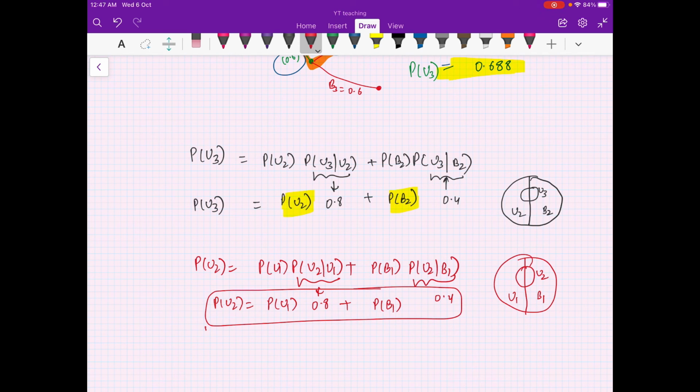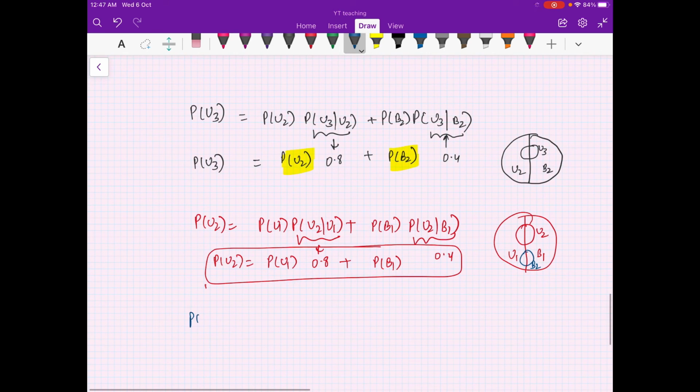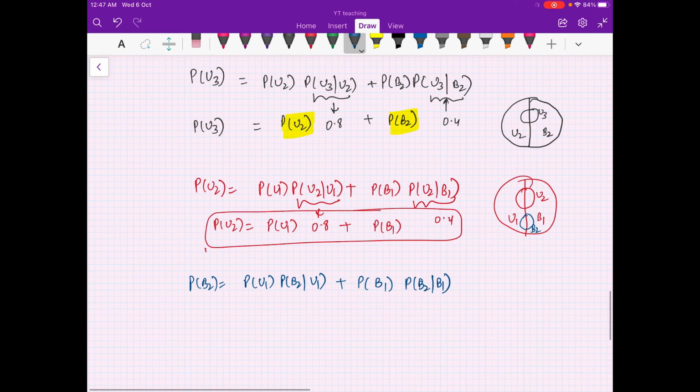Similarly, you can also have your B2 here. So probability of B2 will be probability of U1 into probability of B2 given U1 plus probability of B1 into probability of B2 given B1. Right, now this probability is 0.2 because the probability that she'll be behind next week, given that she is up to date this week, is 0.2 and this probability is 0.6.